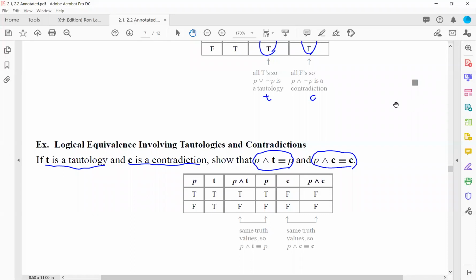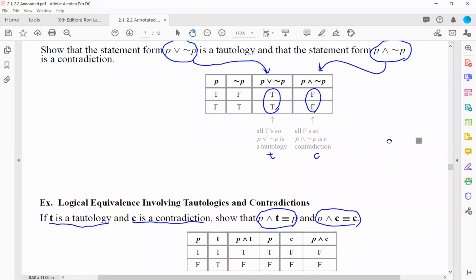I expect you to ask, can I use the tautology and contradiction that I used in the previous example? Yes, you can form P and (P or not P). Since P or not P is a tautology, you can write T next to it. P and tautology is P.